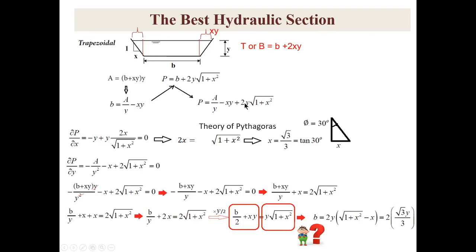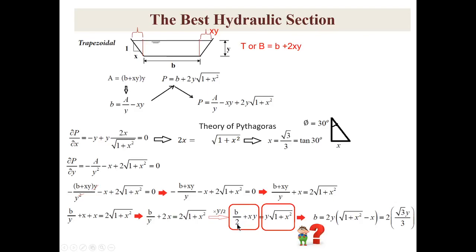Therefore, the value of one side equals y square root of 1 plus x squared. Therefore, the right hand side of this equation gives us the length of the side, L. If we say this is L, the length of the side equals y square root of 1 plus x squared.